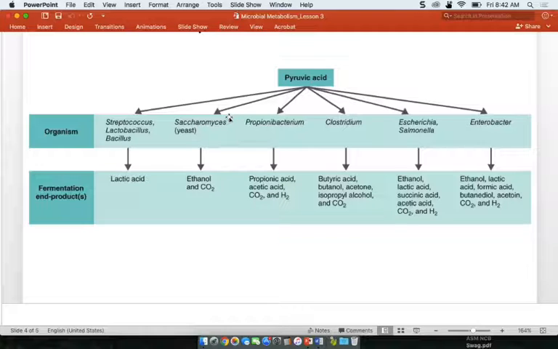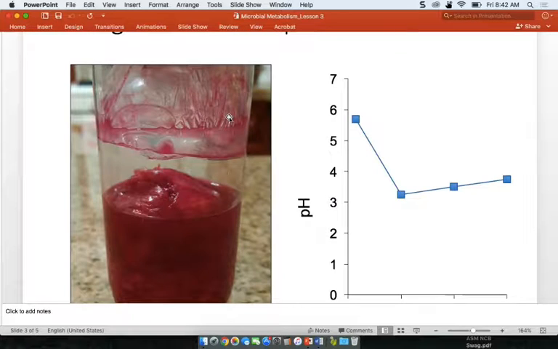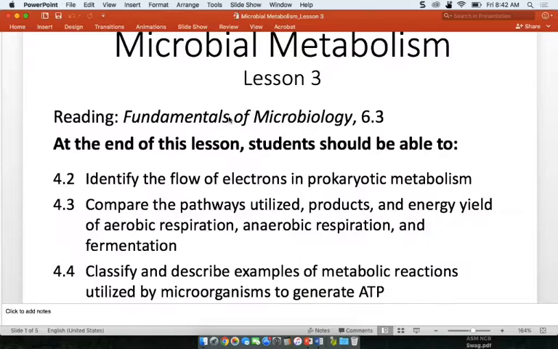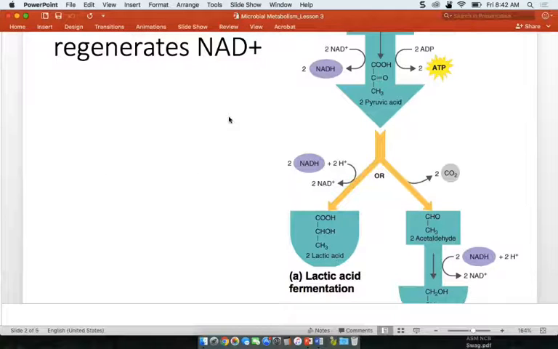So it doesn't have complete oxidation? Not complete oxidation, yeah. Because again, those carbons that come from the glucose molecule, the fully oxidized form of carbon is CO2. Well, here are 3 of those carbons in the lactic acid fermentation.